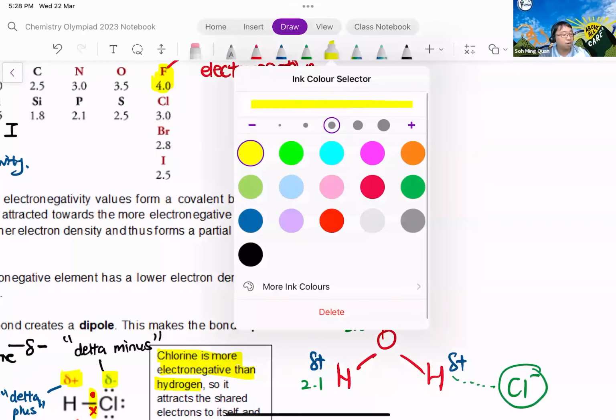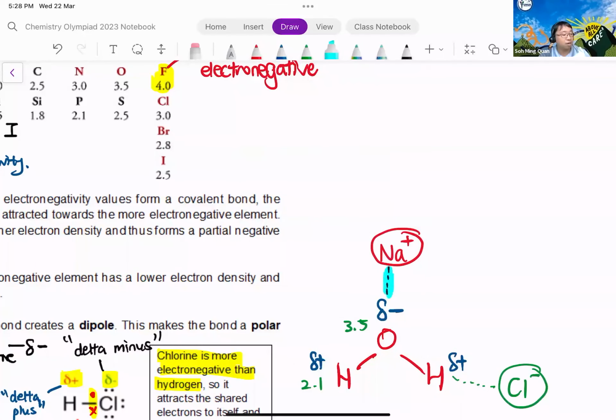These forces that I've highlighted in blue are called ion-dipole interactions. They are the interactions between ions like Na+, Cl-, with the dipole. Dipole means covalent, polar covalent bond.